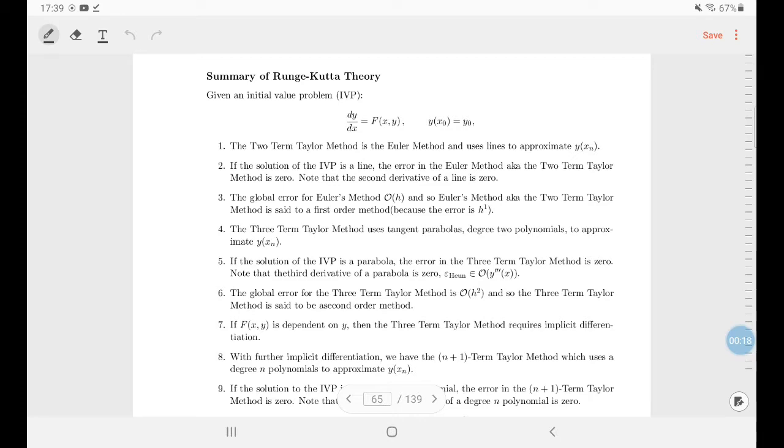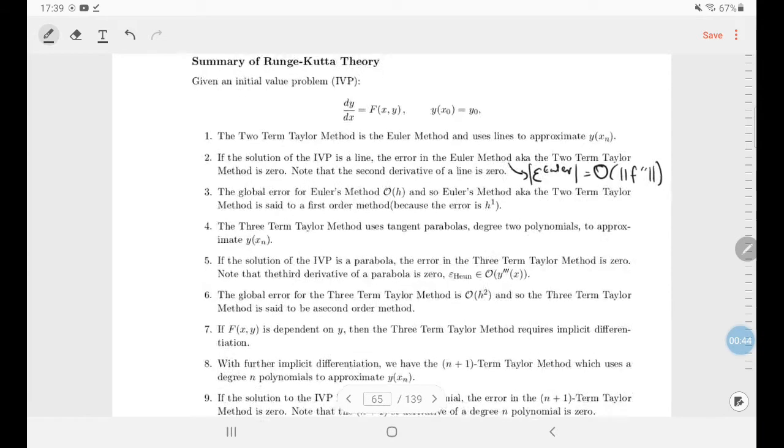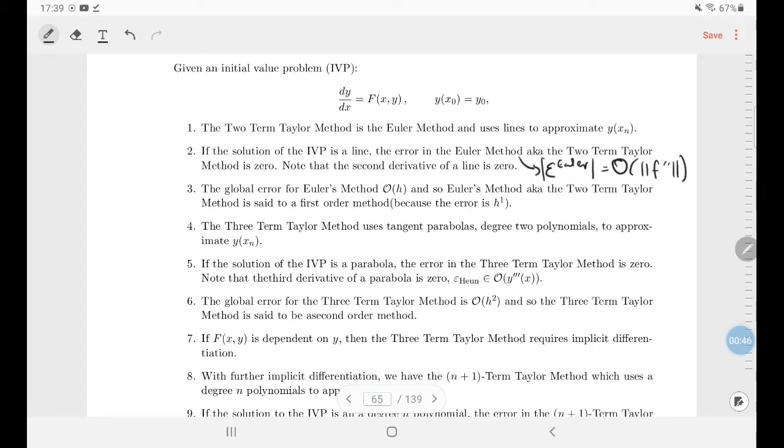If the solution of the initial value problem is a line, the error in the Euler method, the two-term Taylor method, is zero. Now this is kind of obvious by what the Euler method does, because it goes along the tangent, but alternatively you can say that the error in the Euler method is order of the second derivative, and the second derivative of a line is zero, and so the error in Euler's method is zero.